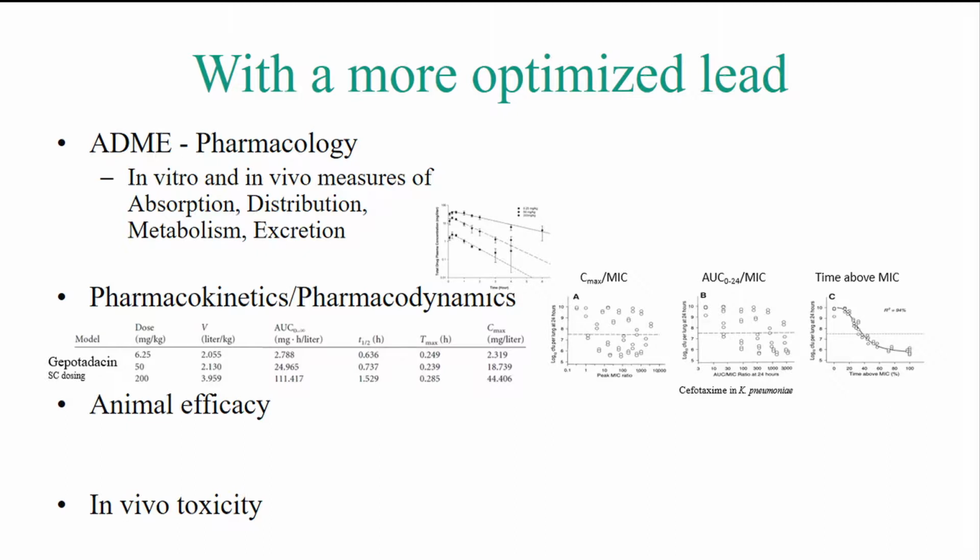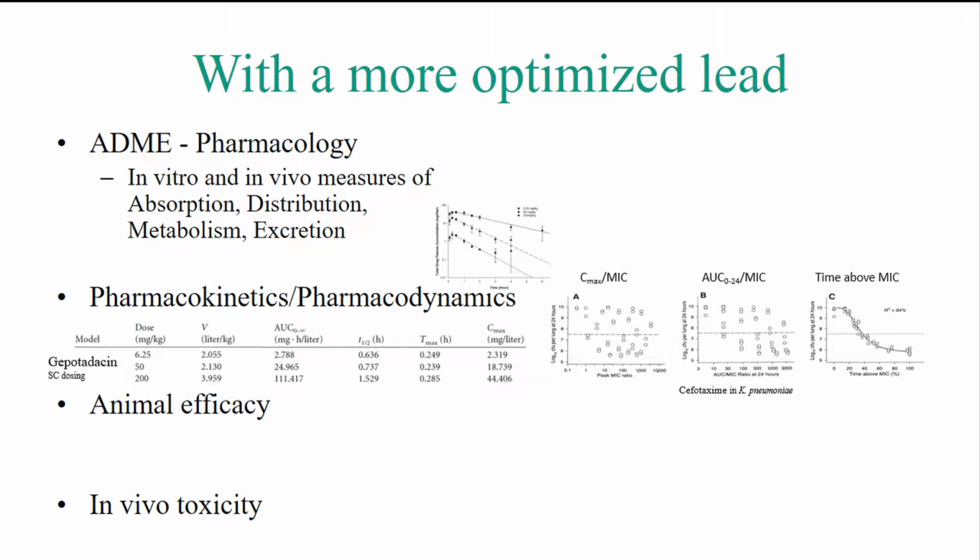For pharmacokinetics, you dose and you see, this is sub-Q dosing of gepotidacin. You can see that at different concentrations, you get different peak levels, that's the Cmax, different area under the curve, which is this space, and the half-life. So you get dose, volume of distribution, AUC, and so on, that you can measure from this kind of experiment.